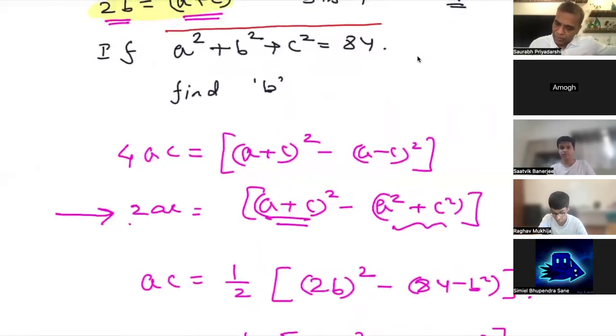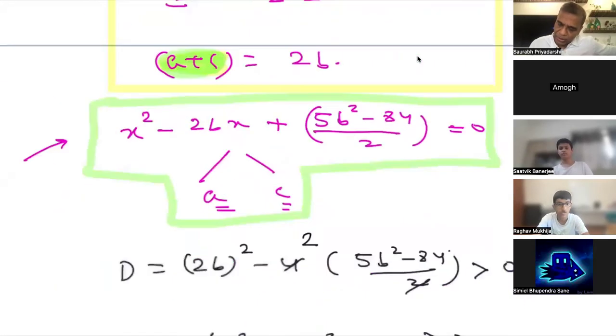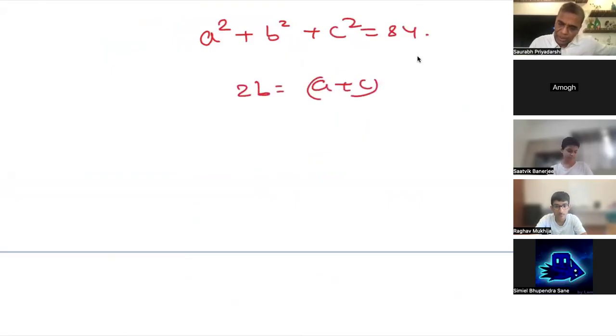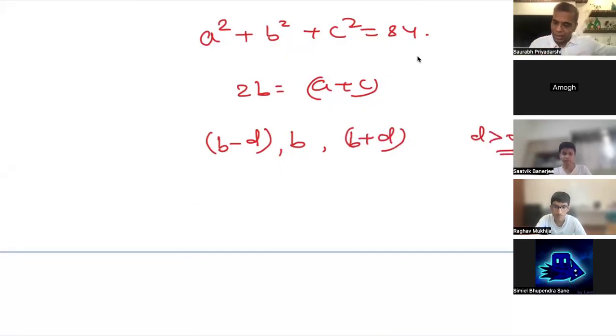The equation given is A square plus B square plus C square is equal to 84, and 2B is equal to A plus C. So I can say the three terms are B minus D, B plus D, and D must be greater than 0. This is A, this is B, and this is C. So you can put the value in this.